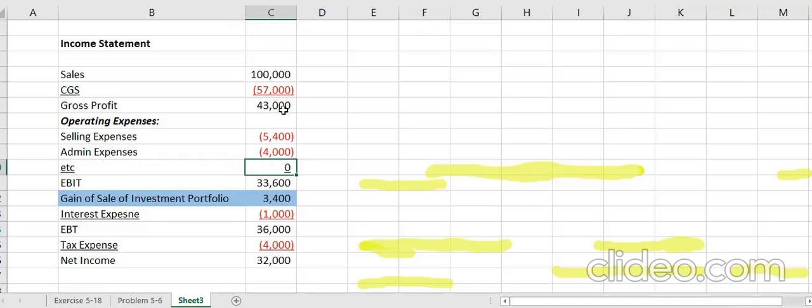When you subtract all these expenses from the gross profit, we get our earnings before interest and tax. This EBIT can also be called operating income, if you remember from our income statement chapter discussion. After this 33,600 EBIT, we subtract or add any non-operating gains or losses.